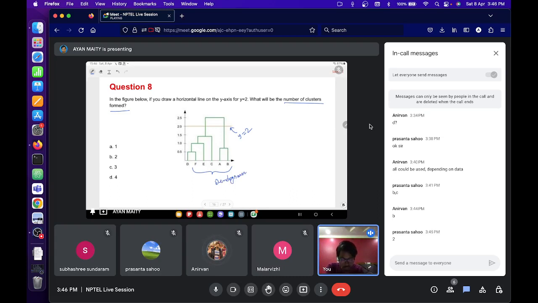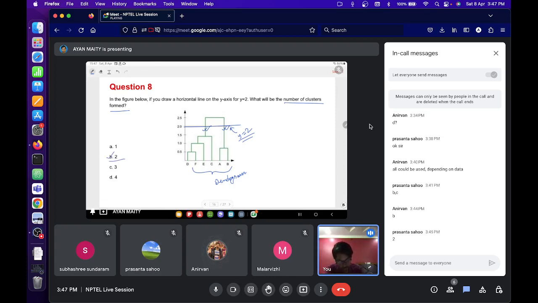So this is one of those dendrogram structures. It is showing how smaller clusters are getting merged to form bigger clusters in agglomerative hierarchical clustering. And if we stop at the y equals 2 horizontal line here, at this point we have two clusters. This is one and this is one. So only two clusters would be formed. So option B, 2 is the correct answer.